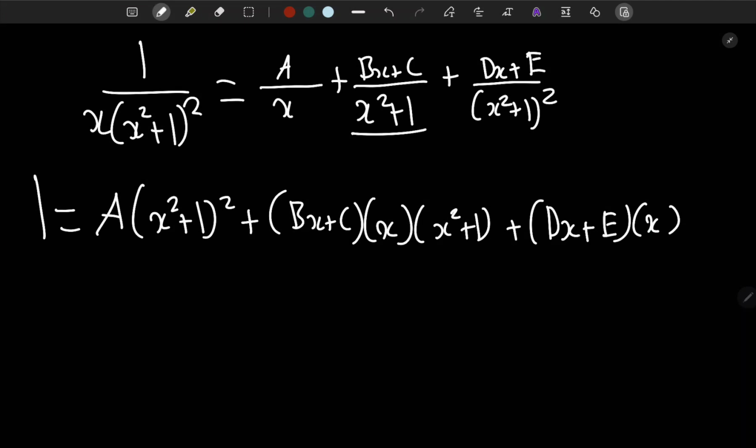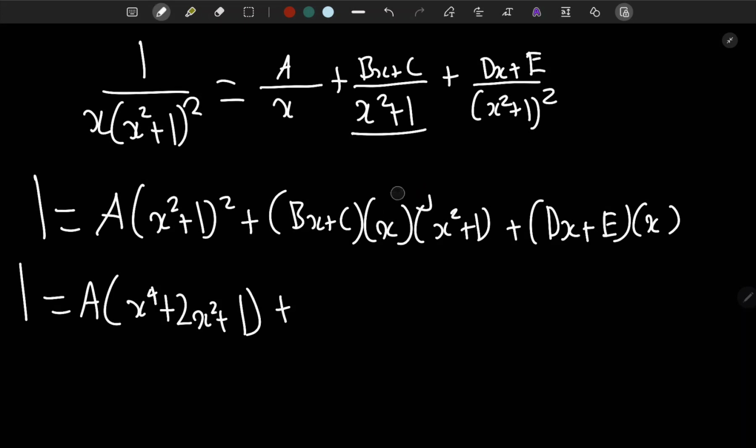And now for this other method, we simplify as much as possible. So let's do that. A into x to the power of 4 plus 2ab, so 2x squared plus b squared, plus we can do this here, so it's going to be x cube plus x, and we can directly multiply here.